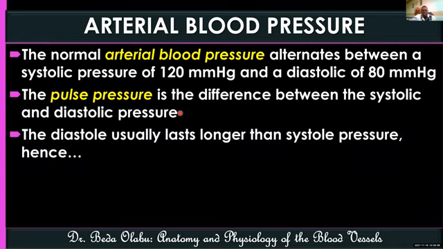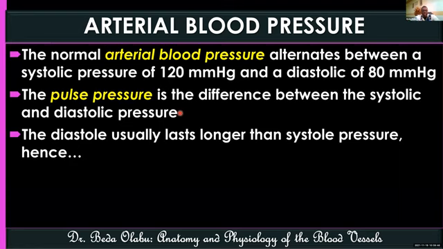At any given time, as blood flows in a circulation, the diastolic pressure usually lasts a longer period than the systolic pressure. And you saw that even when we talked about the cardiac cycle. Out of those 6 phases of the cardiac cycle, the blood moves out of the heart only during ventricular ejection.